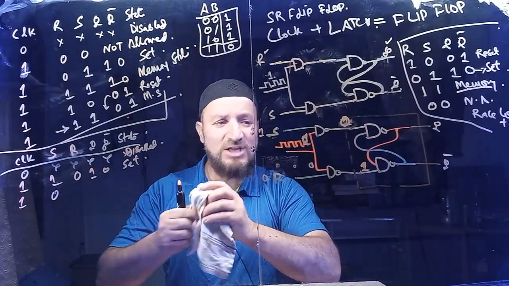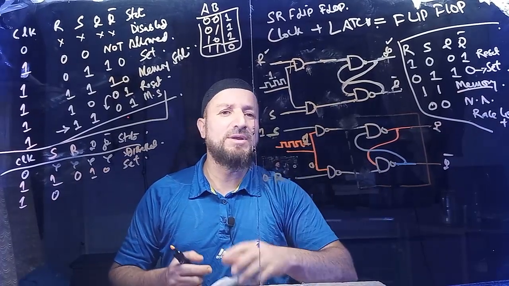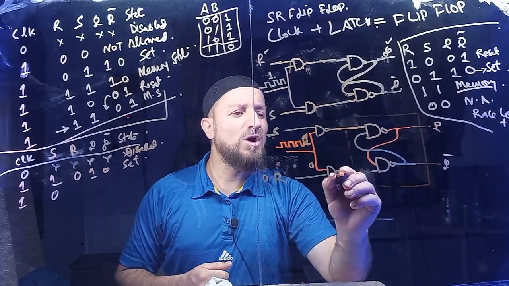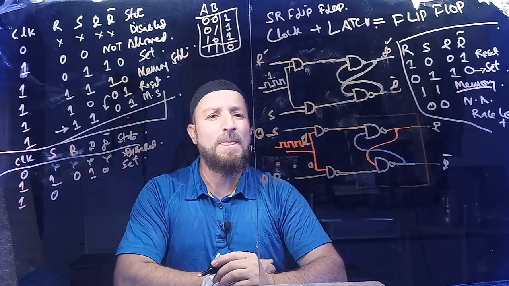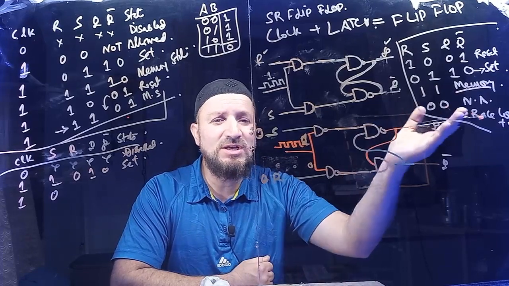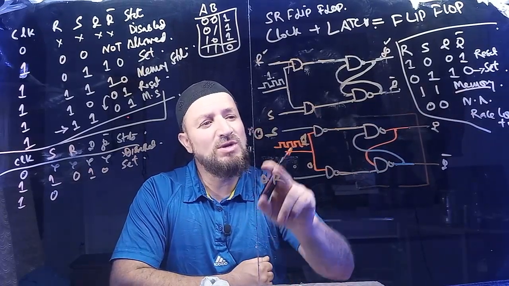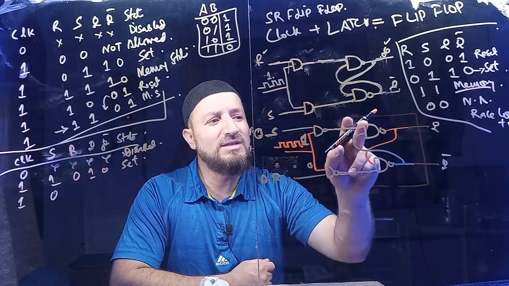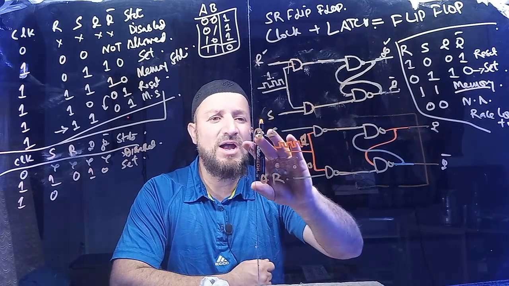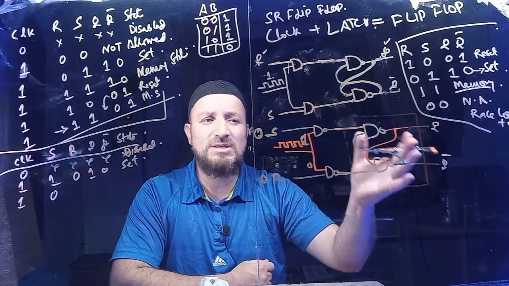So if 1 1 comes in here, it will act as a memory. But we want on the outside, 0 0 to act as a memory, and 0 0 for this latch is the not allowed state. But if we give 0 0, this structure will give us 1 1 here, and that will be the memory state. So we are working on 0 0, and it is working on 1 1 to become memory.